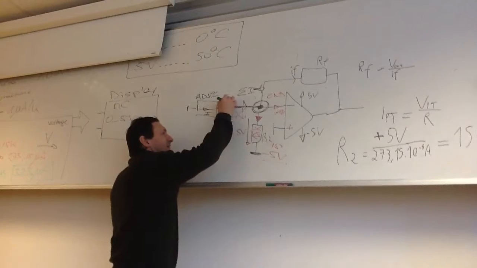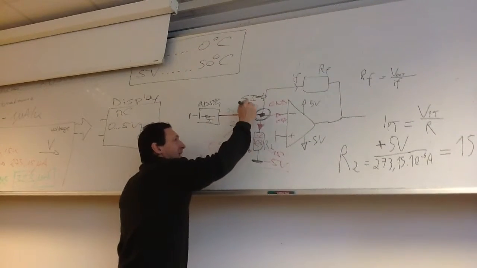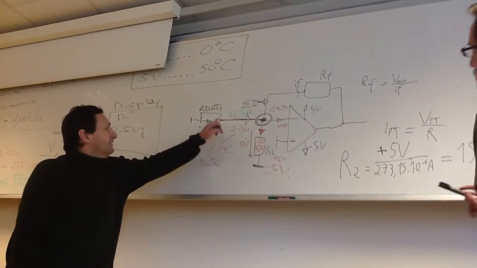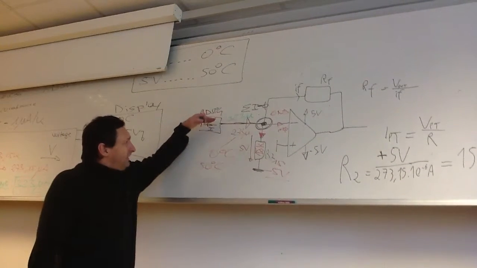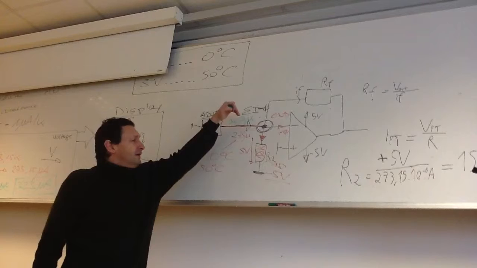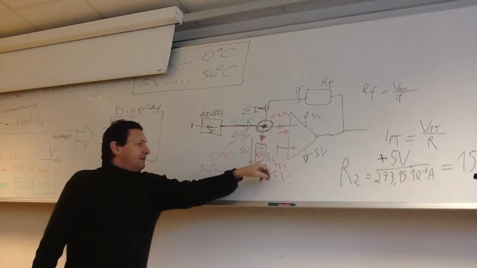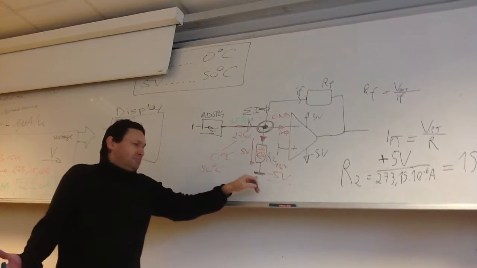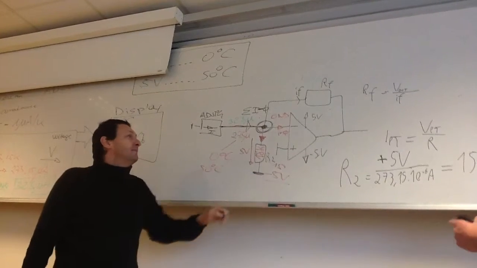Now the sensor is delivering 323 microamps. So what is going on now? 323 microamps are delivered. 273 microamps are still dumped because this is still working here.